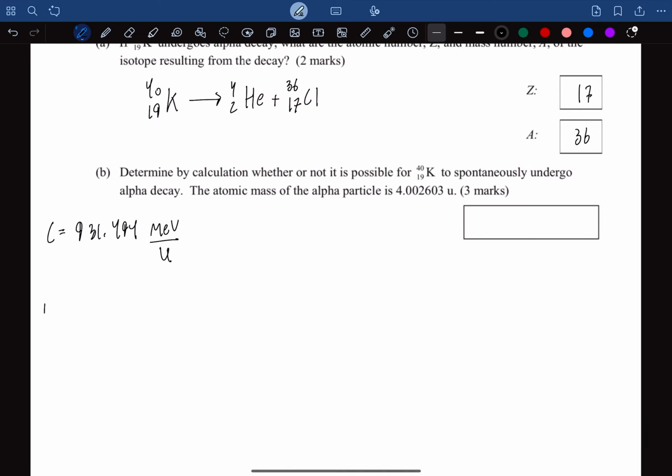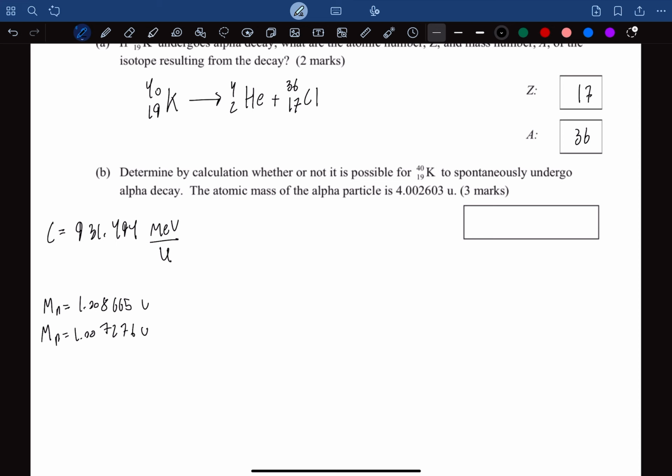The mass of a neutron is equal to 1.008665 U. The mass of a proton is going to equal 1.007276 U. Now we know that, first of all, they're very similar. They're almost the same, but the neutrons are slightly heavier.